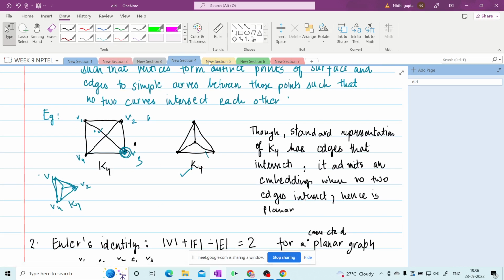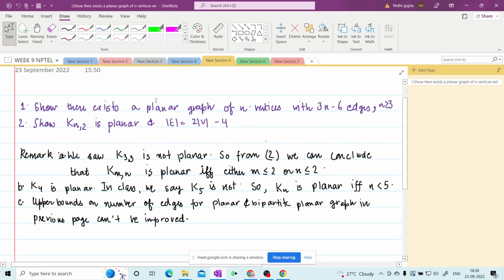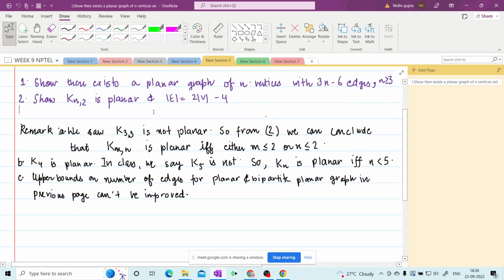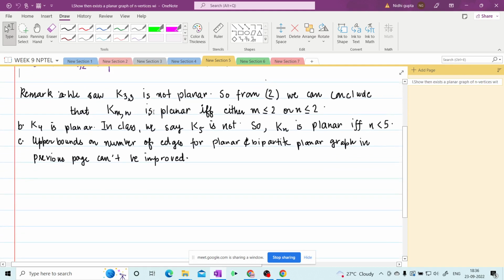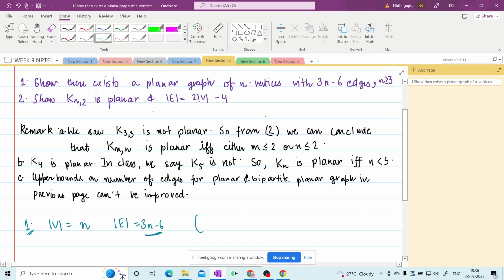Now let's solve some problems. So our first question is that we have to show that there exists a planar graph of n vertices with 3n minus 6 edges. So the order of vertices is n and the order of edges is 3n minus 6. So why have we selected 3n minus 6?